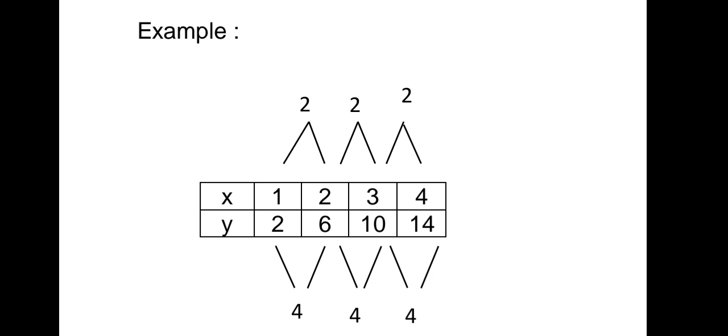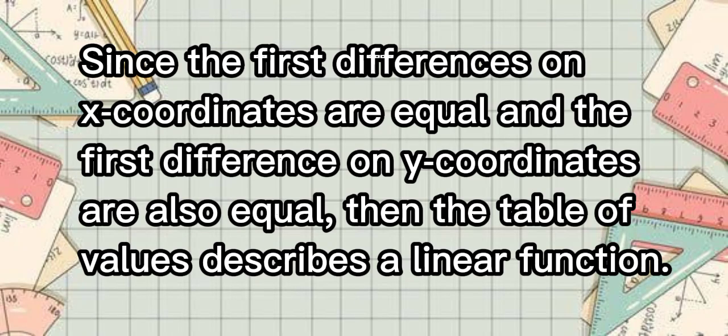As you can see, our x values have a difference of 2 and our y values have a difference of 4. Since the first differences on the x coordinates are equal and the first differences on the y coordinates are also equal, then the table of values describes a linear function.